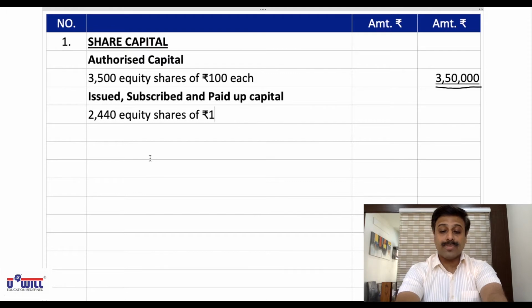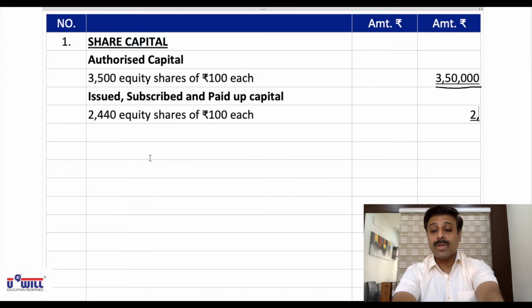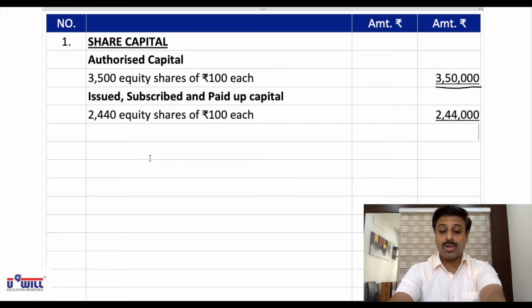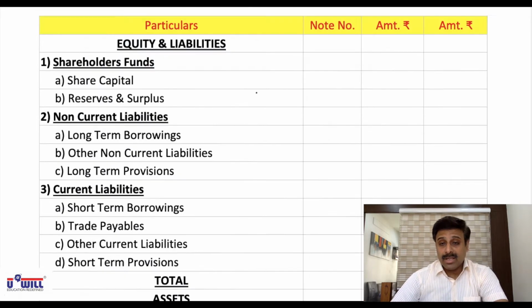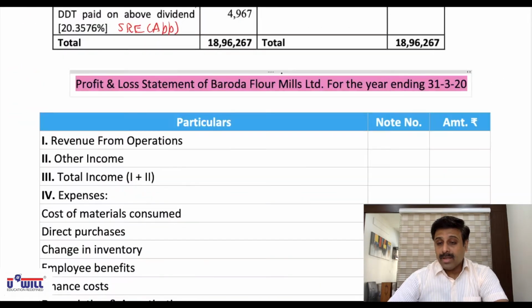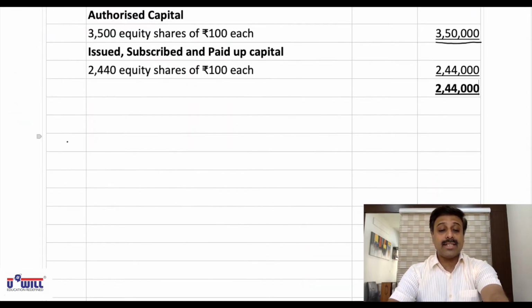So that comes to 2,44,000, and total also 2,44,000. Okay, so share capital is already recorded. Now after share capital, next note what we write is reserves and surplus.